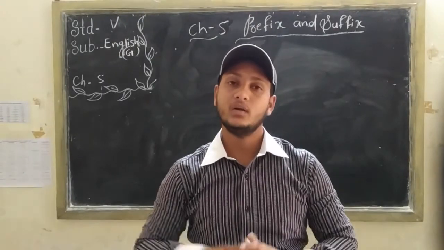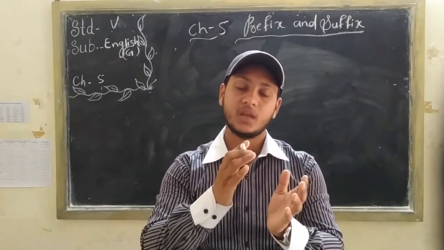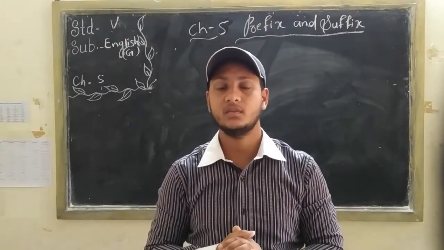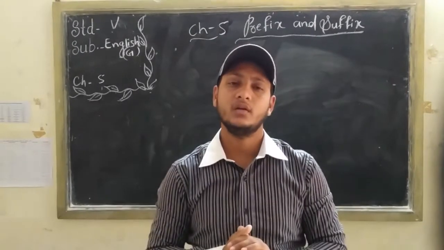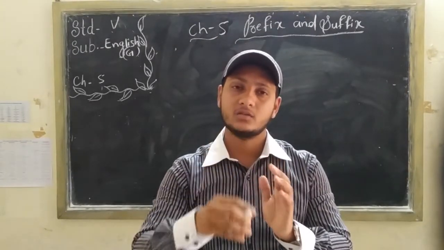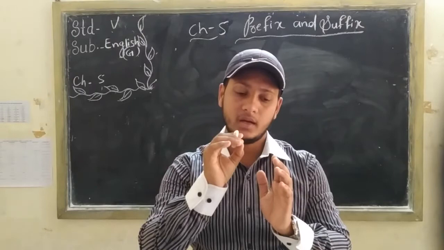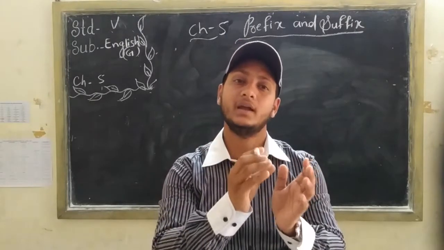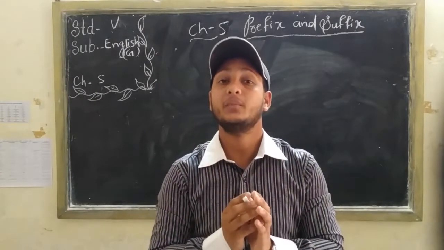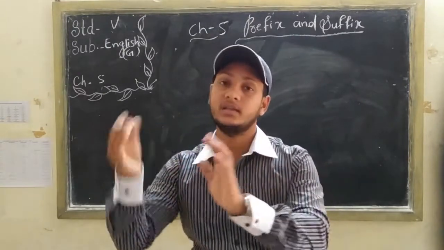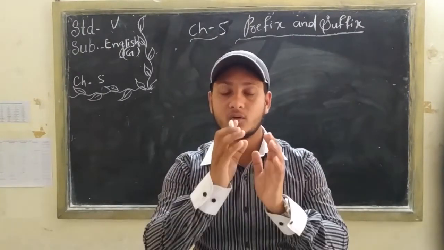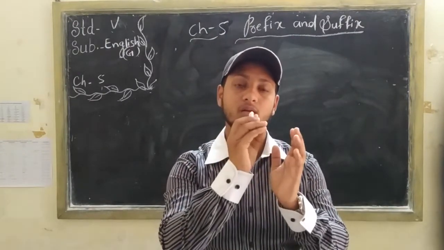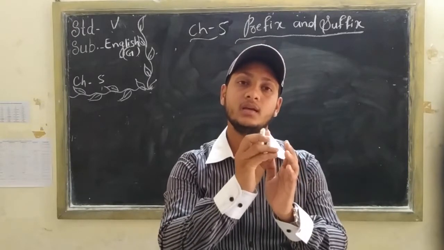So we see a lot of words in our books where a group of letters are added to the primary words to make a new word. That group of letters is called a prefix or suffix.